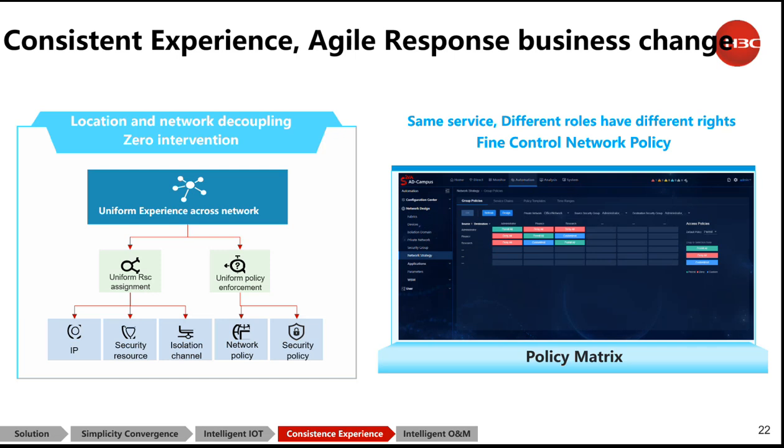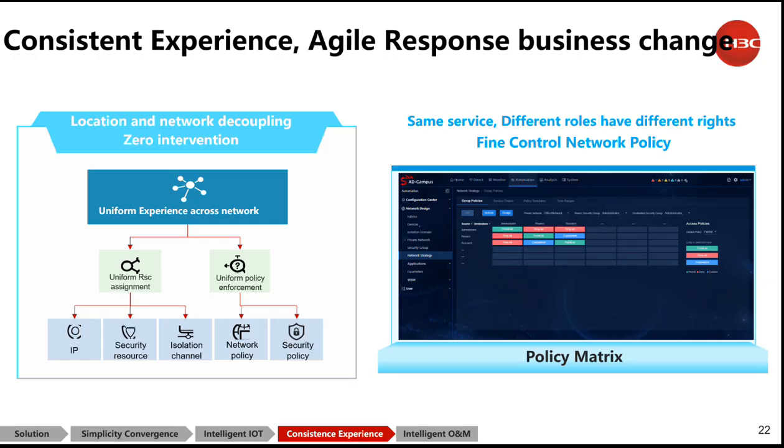So what you'll see is, using a very nice graphical policy matrix, you can classify users into different roles, and those roles aren't based on physical attributes like where they are in the network, and how they got into the network.